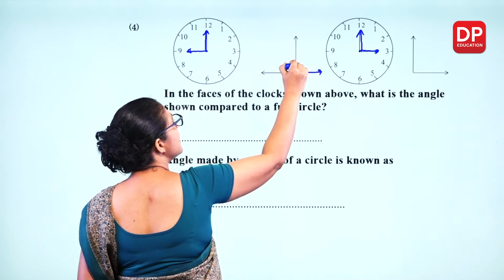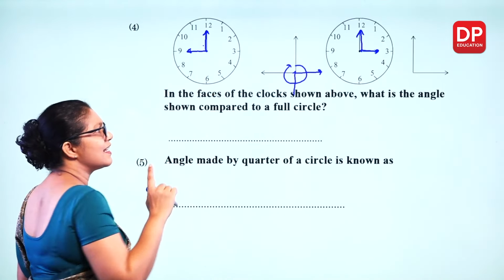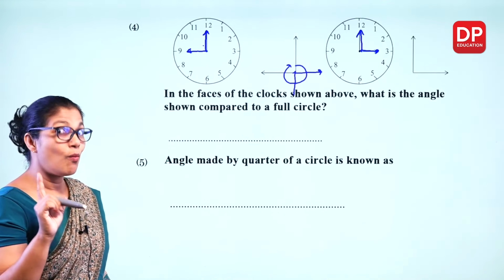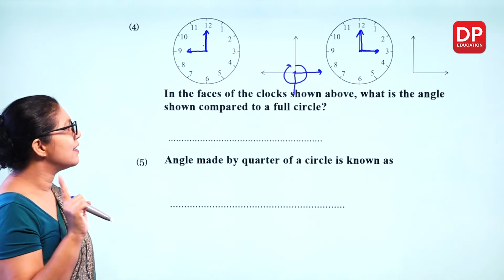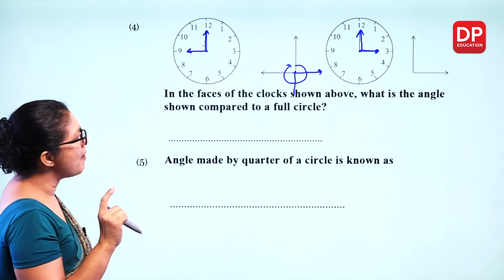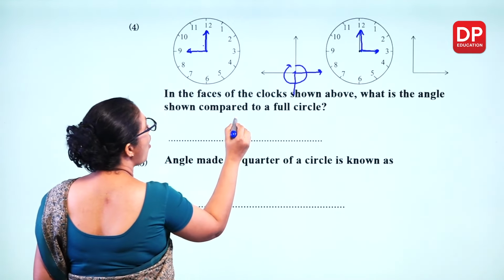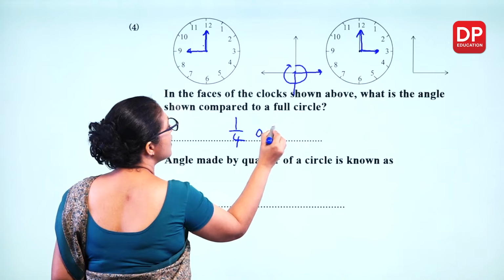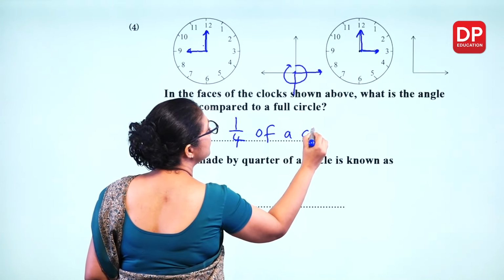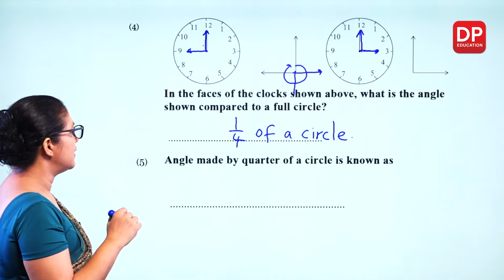So full circle is this. So what is this angle? This is 1/4, a quarter of a circle. So in the faces of the clocks shown above, what is the angle shown compared to a full circle? Quarter of a circle, or 1/4 of a circle.